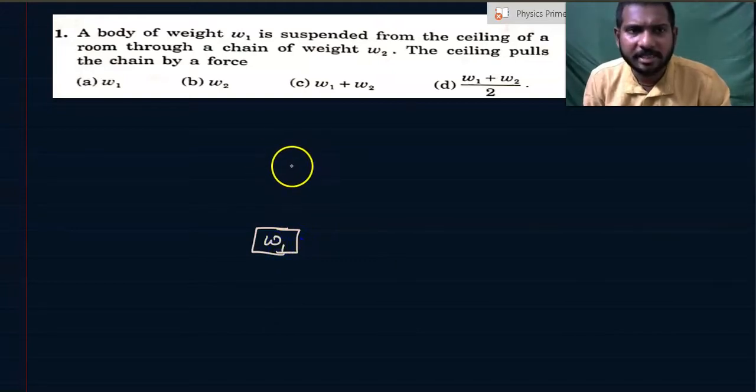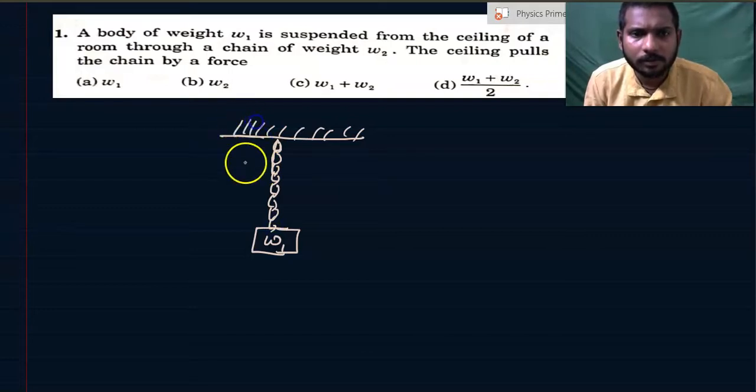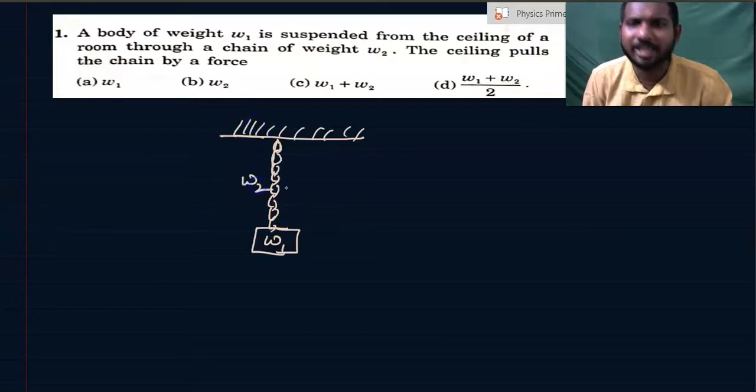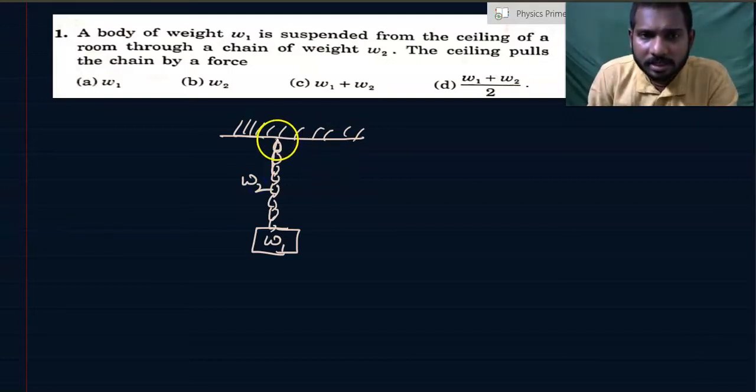There is a chain, and this chain's weight is W2. So the ceiling is pulling the chain by a force.